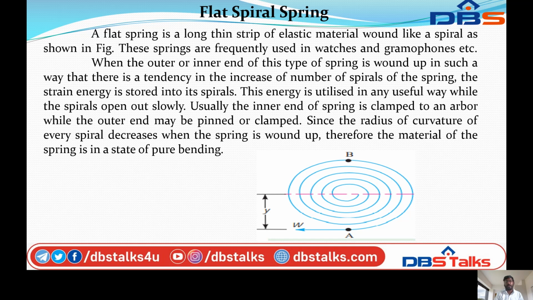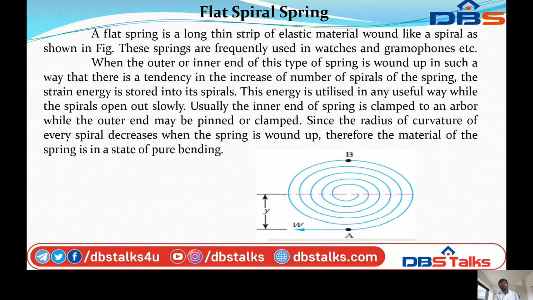These springs are frequently used in watches and gramophones, etc. When the outer or inner end of this type of spring is wound up in such a way that there is a tendency in the increase of number of spirals of the spring, the strain energy is stored into the spirals. This energy is utilized in any useful way while the spiral opens out slowly.